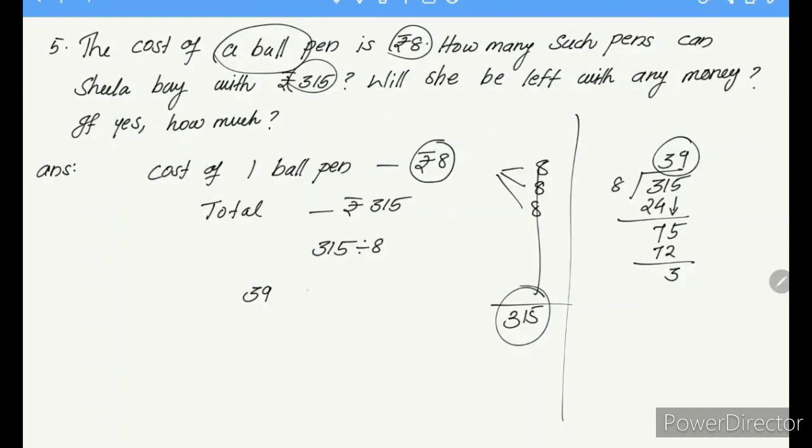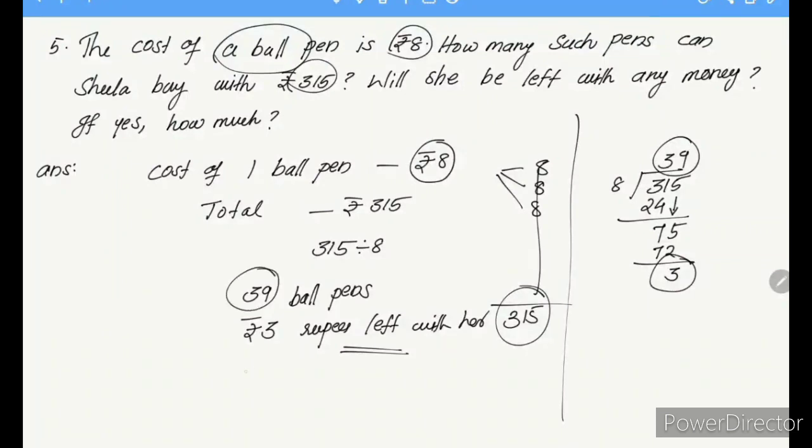She can buy 39 ball pens. Okay. Then here the remainder is 3. That means 3 rupees remaining there. 3 rupees left with her. Remainder means that much rupees left with her. Total 39 pens she can buy.